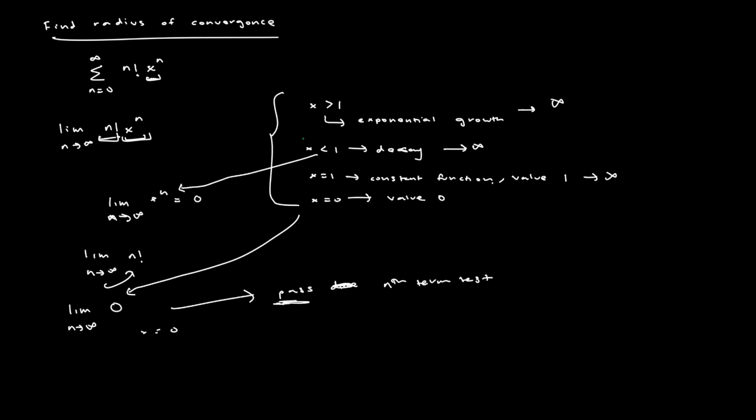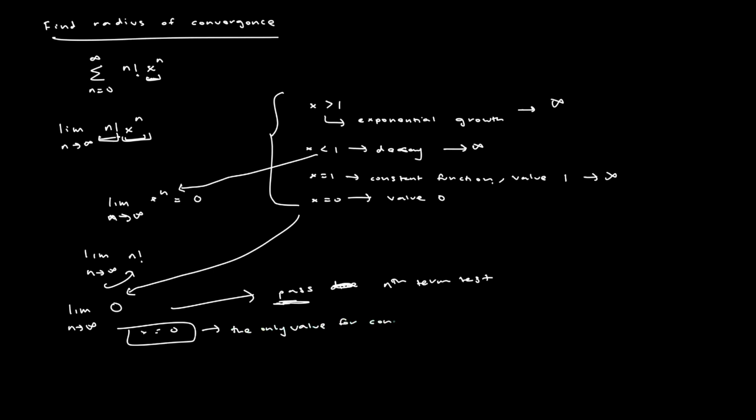Combining that with the convergence theorem for power series, because the power series must at least converge at one spot, and we have found that only one value does not fail the divergence test, it means that x equals 0 is the only value for convergence.